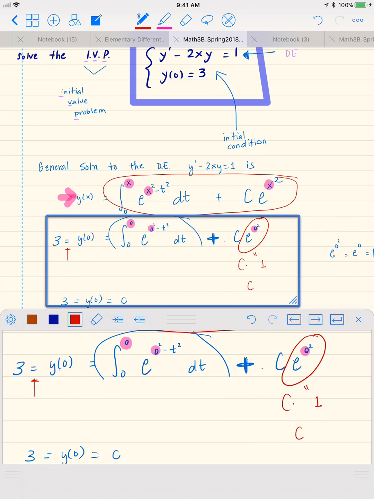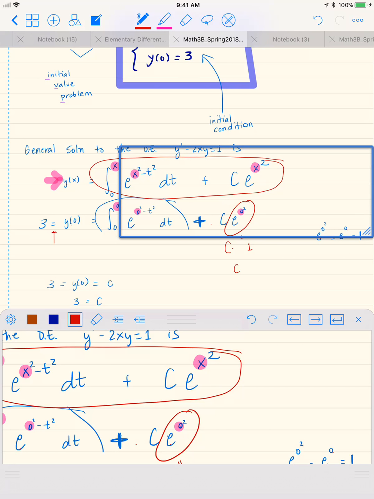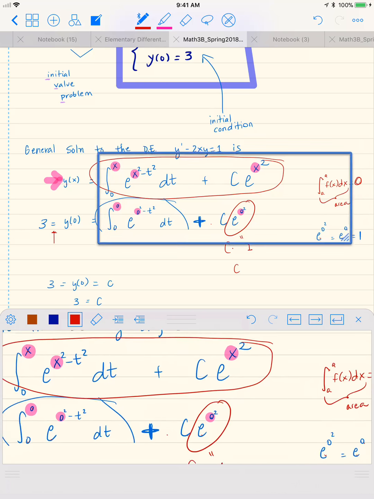Now what about this first summand? What is the integral from 0 to 0? What does that even mean? Well, remember from calculus that the integral from a to a of f of x dx is equal to 0 if f is continuous, because this represents area, and the area from a to a is just equal to 0.